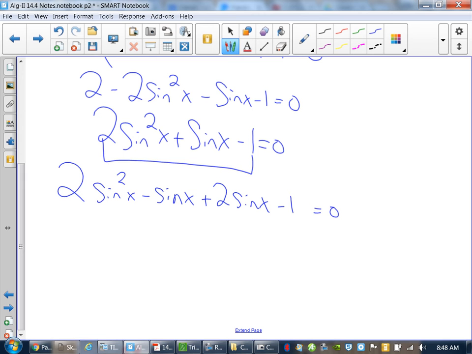And this would be the same as 2u squared minus u plus 2u minus 1. It's the same thing. It's like a regular algebra problem, just the sine throws you off. That's why I say use that, and make something that looks like crap easier to read. That's all. It's a great trick. You use it a ton.